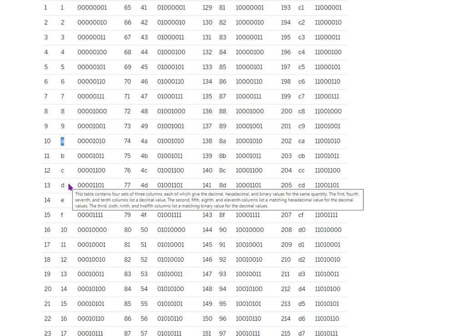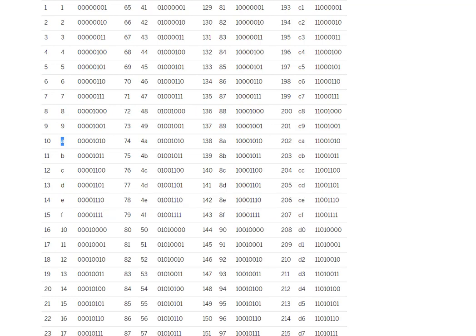So they switched over to an alphanumeric system, and this is your hexadecimal, or base 16, or modulus 16, or mod 16. Modulo numbers. I hope this helps.